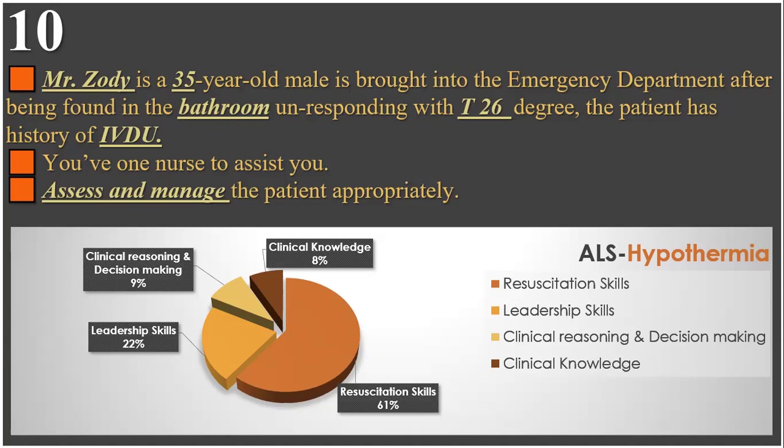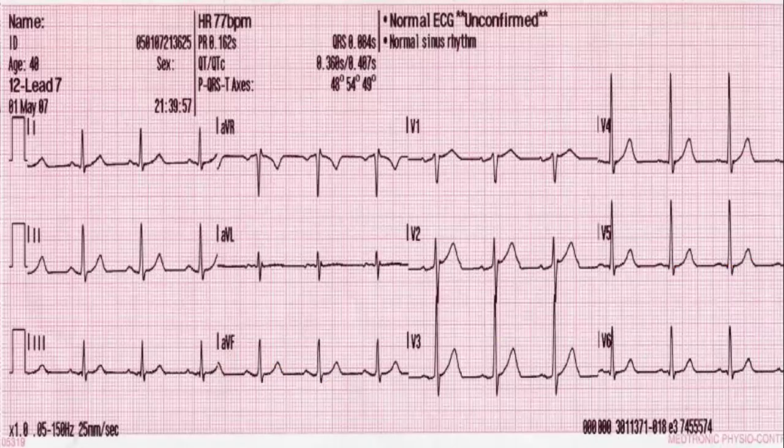Then ask the nurse to check temperature by low reading thermometer. So you will do what? Connect a monitor, insert two IV access, extract the blood for investigations. Give the patient warm IV fluids. So you will start passive and active rewarming.